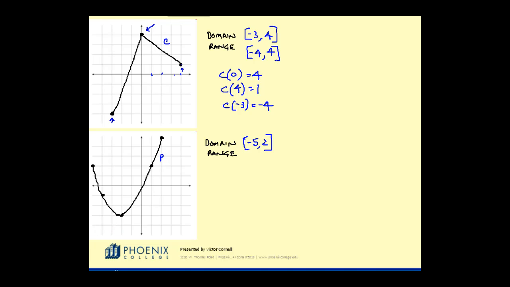And then your range is your y values, so that's on the vertical. So it's down here. And there's your peak up there. So the range goes from negative 3 all the way up to 5. And that would be a bracket also.